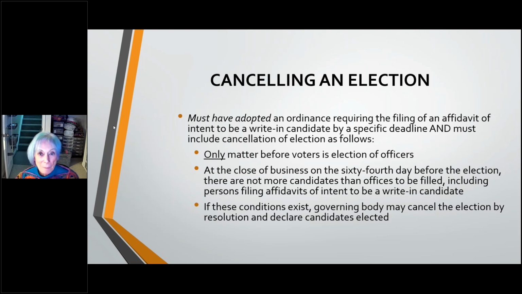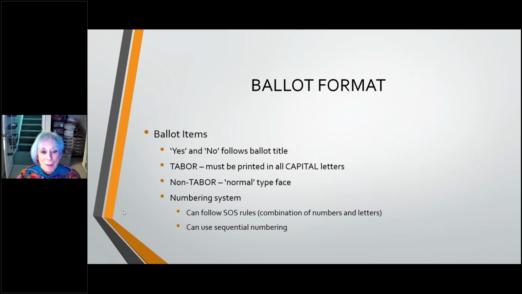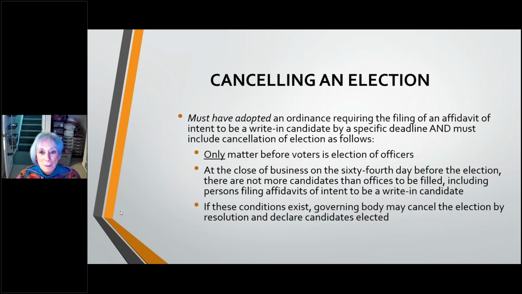It's as if they had an election, they got enough votes, and they got elected, so they get to serve throughout their 4-year term or 2-year term, as the case may be, but they are elected.